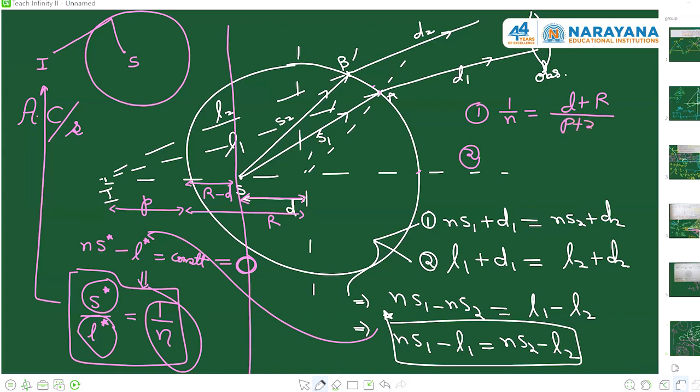And similarly, I can say 1 upon n is also equal to, now with respect to this point, if you write S star, that is R minus D, and with respect to this, if I write this, since that is P. So these are the two equations which I can write to find out P.